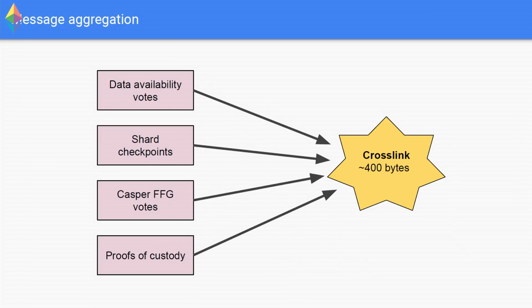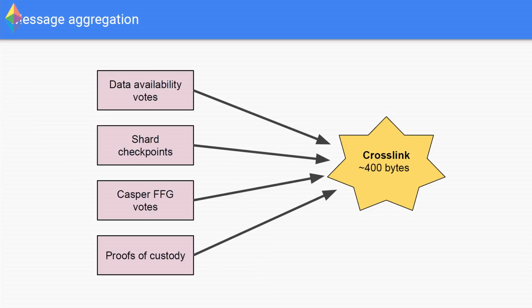And we do that in two parts. Number one is message aggregation. We have this one object, which we call the crosslink, which does many different things. One, as we've talked about, is that they are votes from notaries vouching for the availability of data. Another thing is that they contain a shard checkpoint, and this checkpoint can be used to do cross-shard communication.